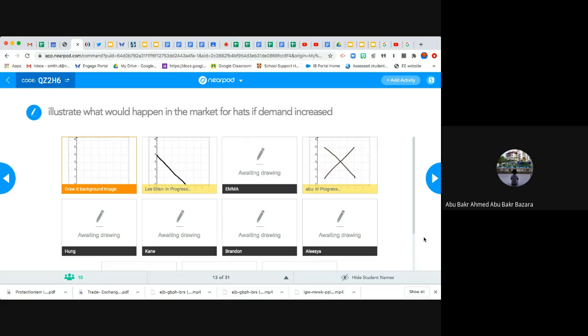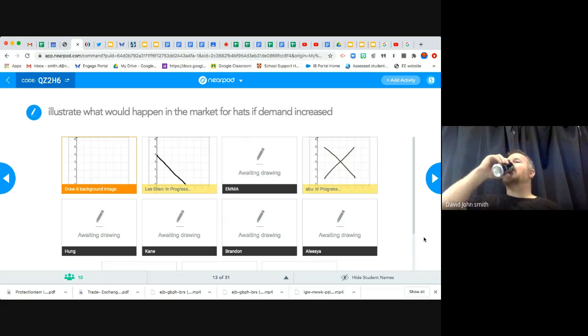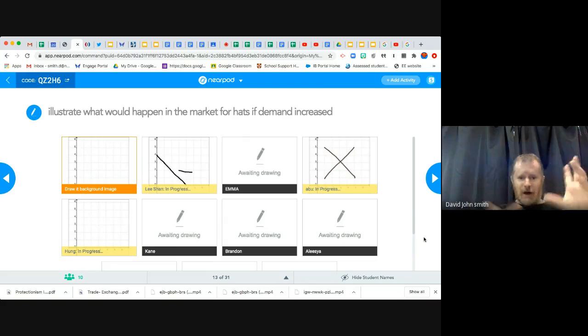In a supply-demand curve? Yes. Yep. So for future reference, when we say market, we're talking now about a diagram where you have supply and demand.